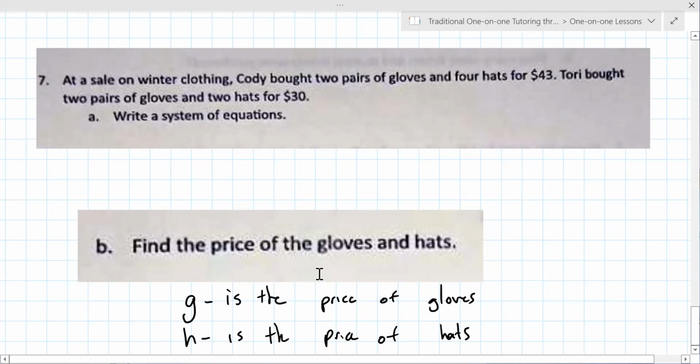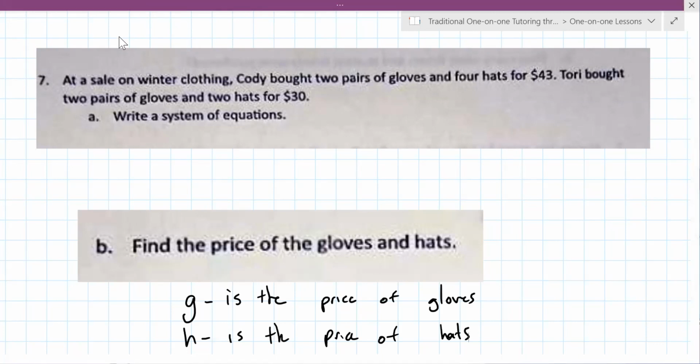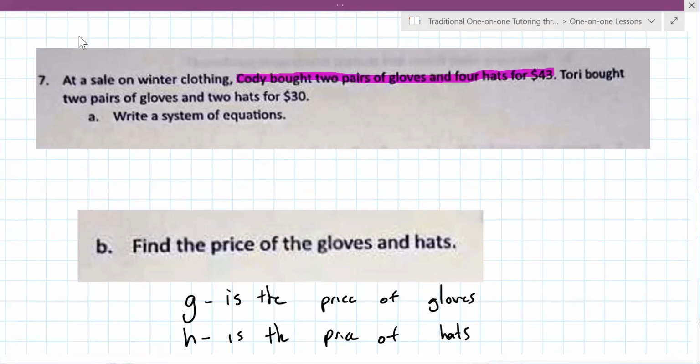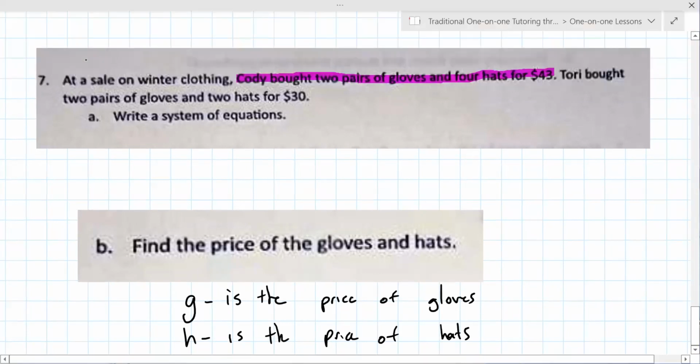Okay. So if we go back to this situation here, it says at a sale on winter clothing, Cody bought 2 pairs of gloves and 4 hats for $43. And so you have to know from experience that price times quantity, meaning whatever it costs times how many you buy, that's your total.